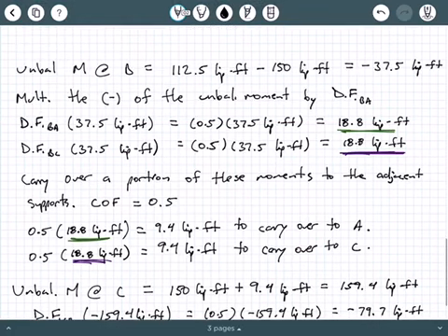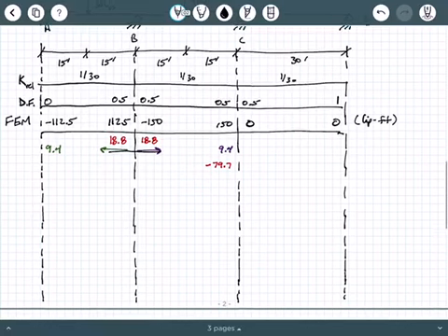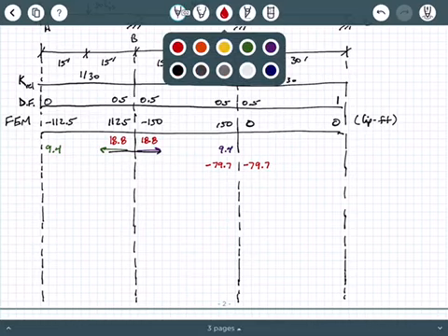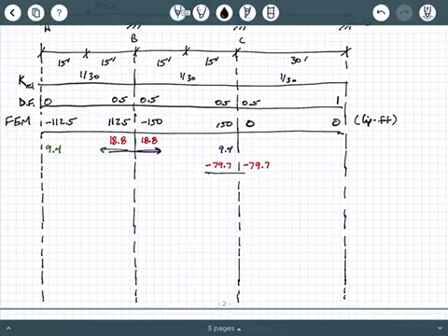Now, where does this get placed? Well, this value is on this side, negative 79.7, and the 0.5 distribution factor we used was this value. So what do we have here? Well, we have a net balance. That's great. We have a net balance.